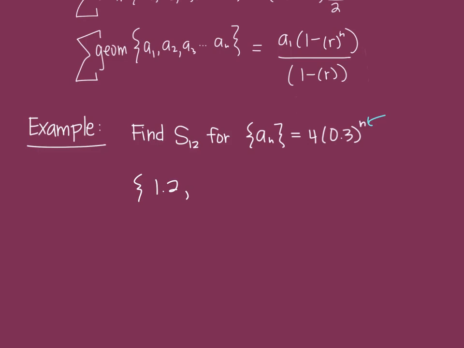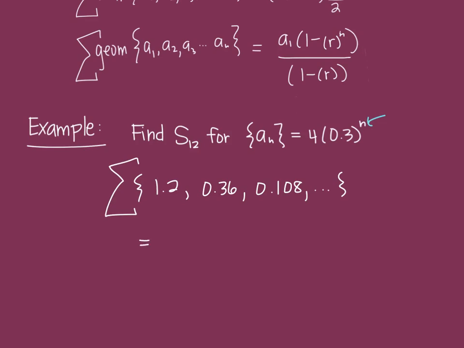Our second one, when we multiply by the ratio, which is 0.3, is 0.36. And then when you multiply that by 0.3, you get 0.108, etc. And we don't have to find them all. We just need to kind of get an idea of how it goes. And then we put the summation. We want to find the summation of all of that.